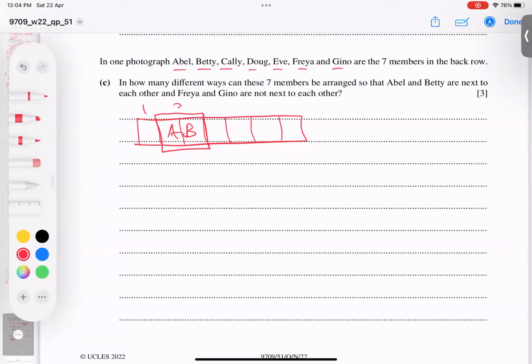So I count it as 1, then 2, 3, 4, 5, 6. How to arrange 6 things? So 6P6. But these 2 people can shuffle, A before B or B before A. So 2P2. I hope you got the point. And 6 factorial or 6P6 times 2P2, I got 1440.